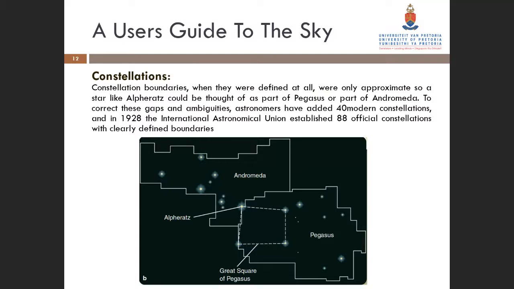So constellation boundaries, when they were defined at all, were only approximate, so a star like Alpheratz could be thought of as part of Pegasus or part of Andromeda. To correct these gaps and ambiguities, astronomers have added 40 modern constellations, and in 1928, the International Astronomical Union established 88 official constellations with clearly defined boundaries.